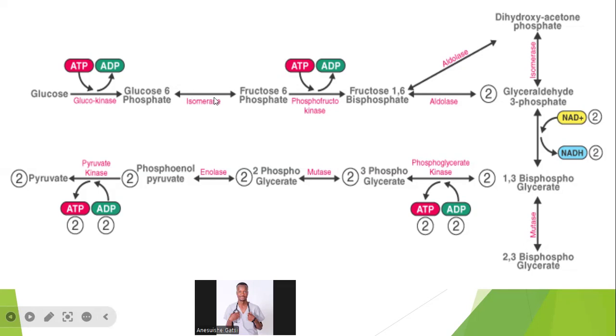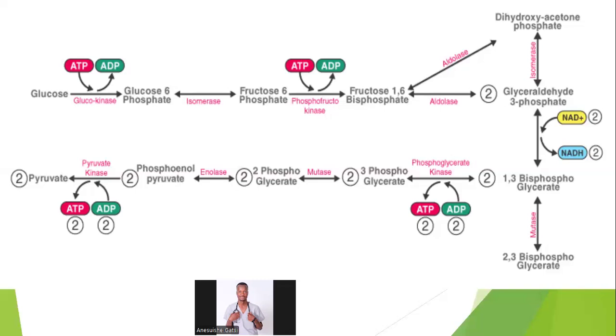We use an enzyme called phosphoglucose isomerase. We call it that because we are isomerizing a molecule that is phosphate and glucose. So we then get fructose 6 phosphate. It's just an isomer of glucose.